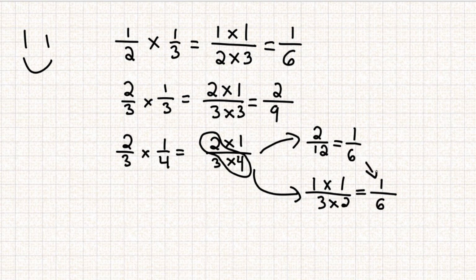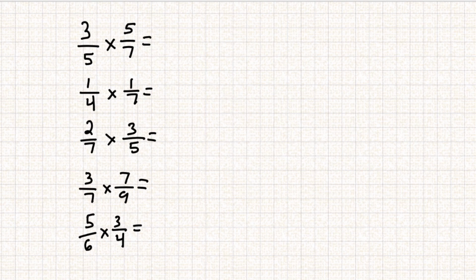So both of these can get us the same answer, but it's a little bit easier sometimes to simplify before you multiply. So let's look at some examples. First, we have 3/5 times 5/7. I'm going to rewrite that as 3 times 5 divided by 5 times 7.